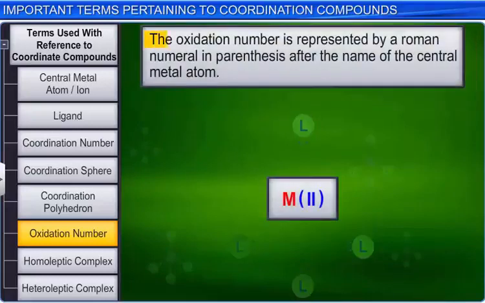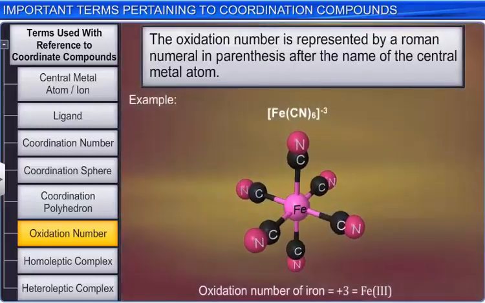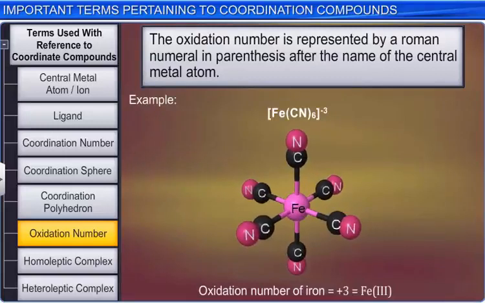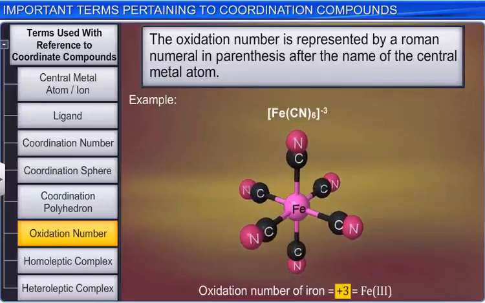The oxidation number is represented by a Roman numeral in parentheses after the name of the central metal atom. For example, the oxidation number of iron in [Fe(CN)6]3- is +3, and it is written as Fe(III).